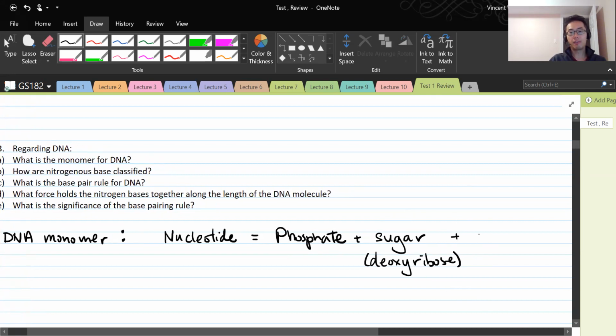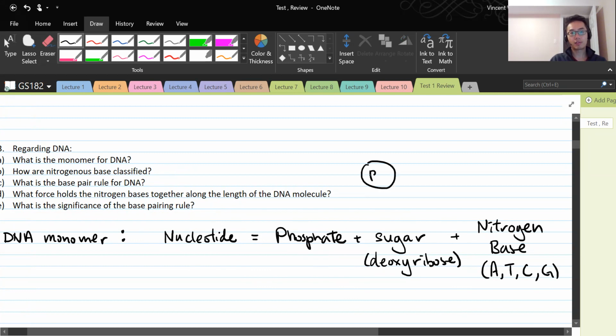And finally, we have a base, a nitrogen base, nitrogenous base, sometimes it's called nitrogen base. So for DNA, the nitrogen base could be A, T, C, or G. So these 3 things together make up a nucleotide.